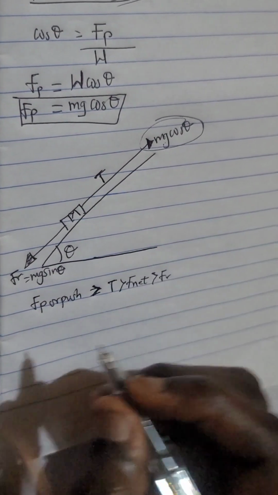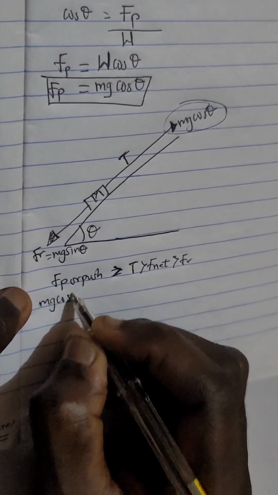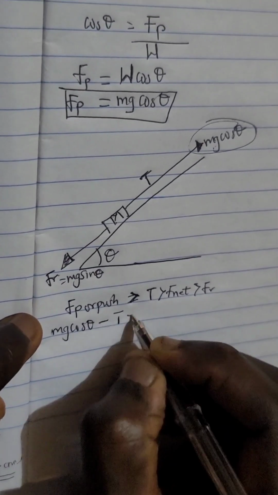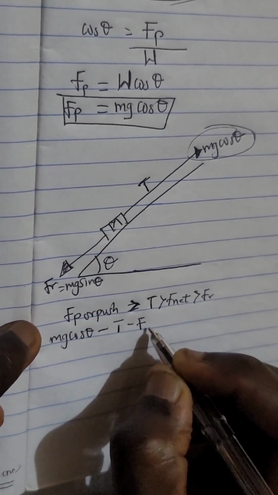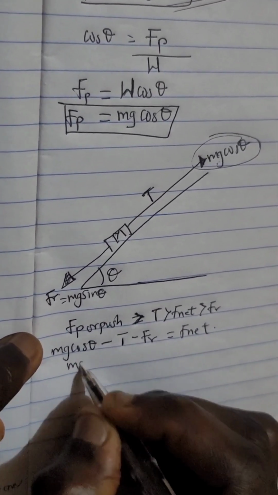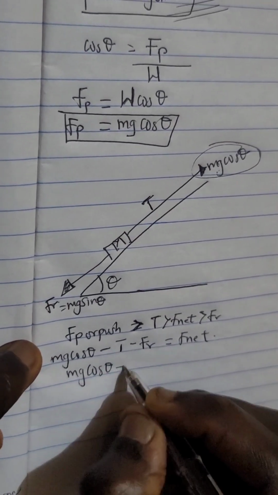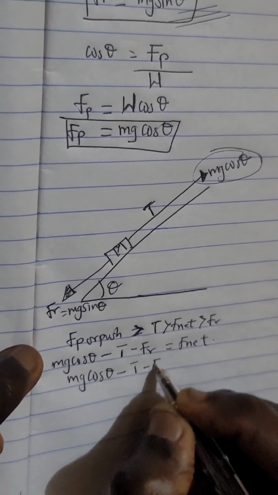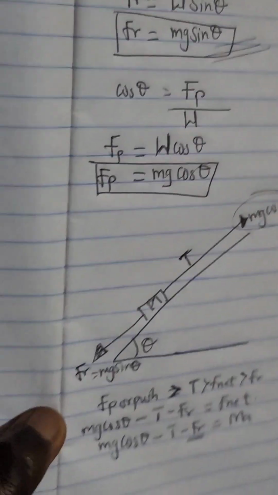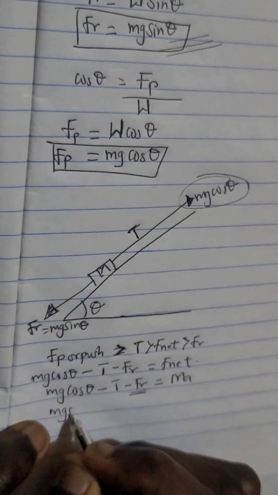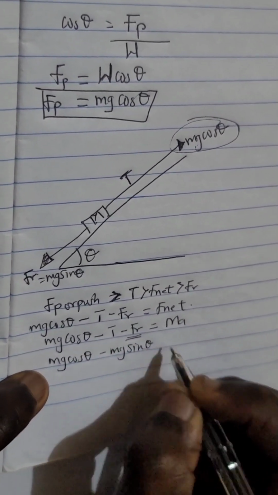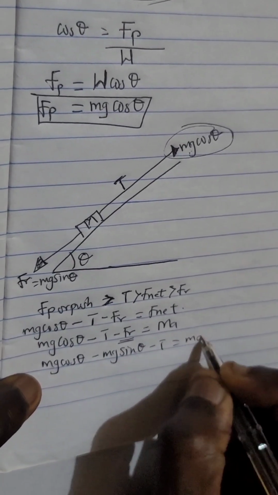It means that mg cos theta minus the tension minus the frictional force will be equal to the net force, ma. But our frictional force is mg sin theta. We now have mg cos theta minus mg sin theta minus T equals ma.